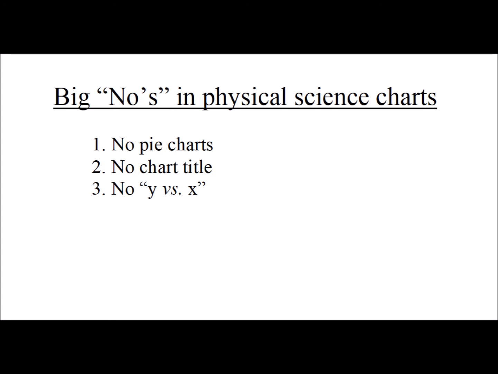So in general, even when we do have chart titles, we want them to be more descriptive than simply telling information that you could get from just reading the axis titles. So the axis titles don't just make up the entirety of the chart title.